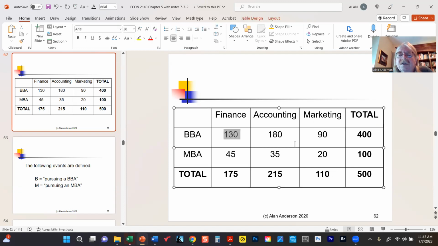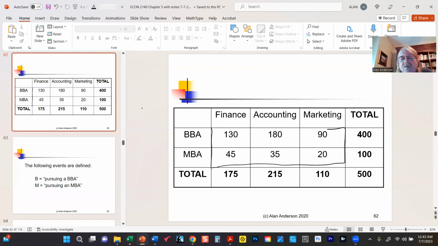Now, these are the interesting ones because I can see, for example, here that 130 students are getting their bachelor's degree in finance. 35 students are getting their master's degree in accounting. So these probabilities in the center of the table have a special name because here two different things are both true at the same time.